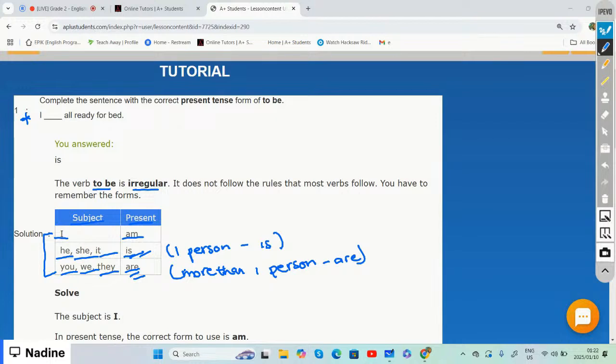Do we say I am already for bed? I is already for bed? I are already for bed? We need to choose the correct one.